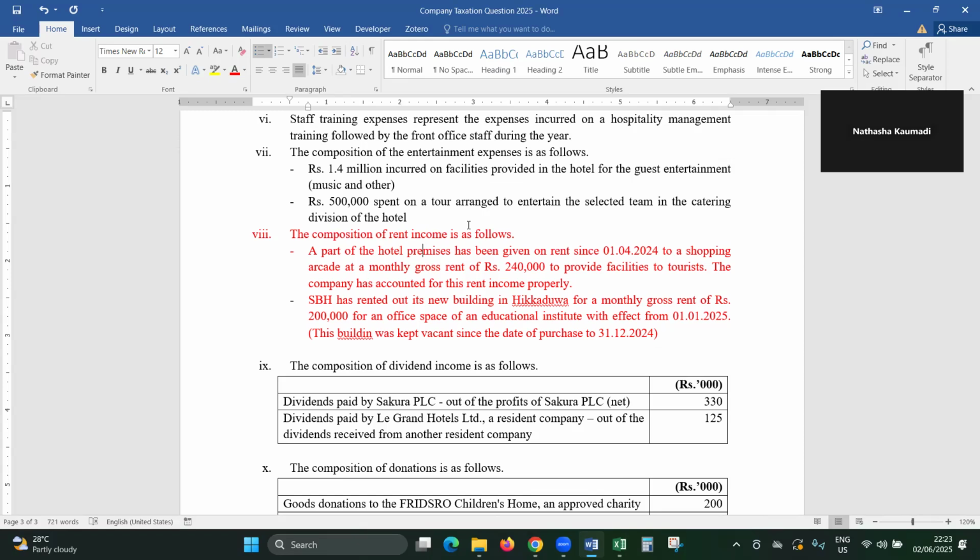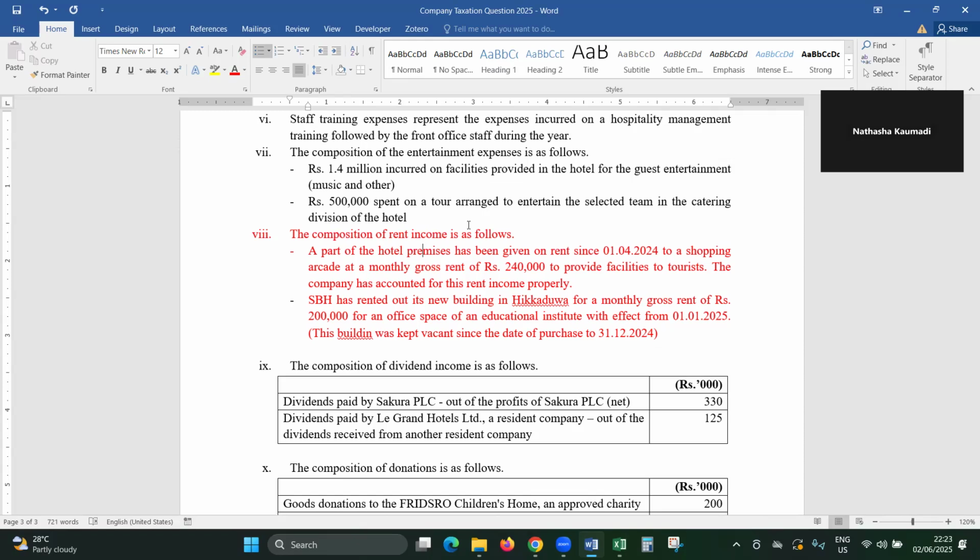Is that clear? 10% should be deducted if the monthly gross rent is higher than or equal to 100,000. I told you if the tenant is an individual, that is exempt, that is not applicable.